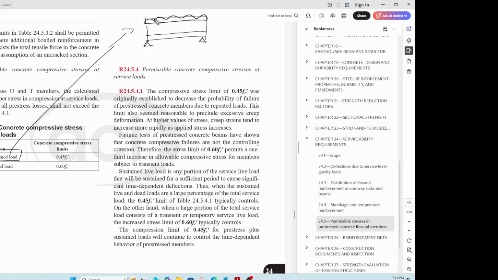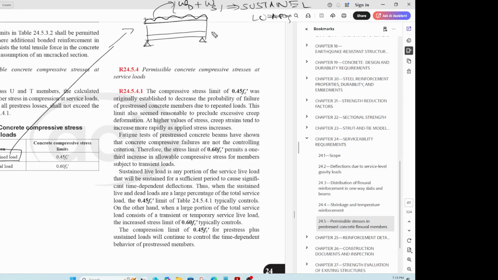So there is a UDL because of the dead load, plus there is a UDL because of your self weight. These two clubbed together are called sustained loads, right?